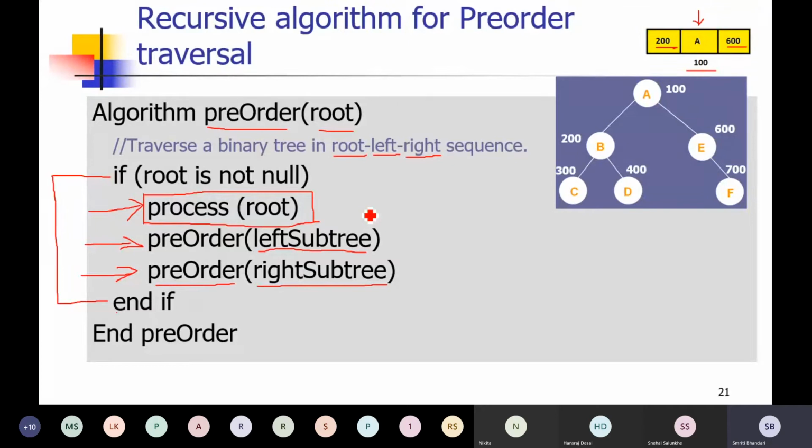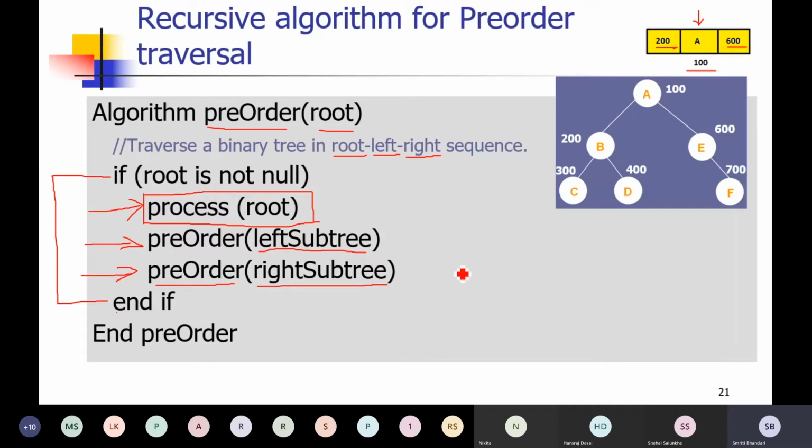So for the sake of simplicity, right now we are assuming that processing the root node means simply printing the data in the root node. Once again, I am emphasizing, depending on the application under consideration, the definition of process is different. Right now, processing the node means I am printing the data from that node. So let us proceed with the simulation.